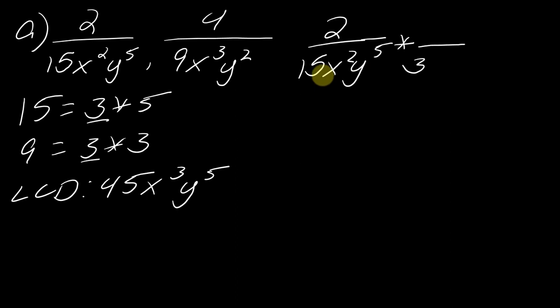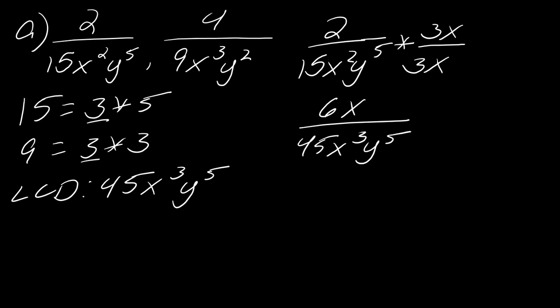So what am I missing? I have x squared, I need it to be x to the 3rd, so I need to multiply by one more factor of x. And whatever I multiply by on the bottom, I multiply on the top. So I can multiply those things together now, and I get 45x cubed y to the 5th. So there's my first fraction.